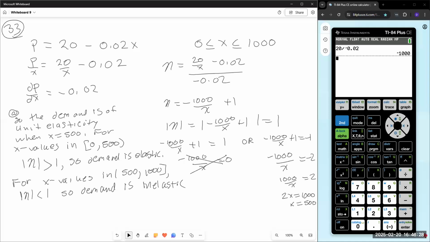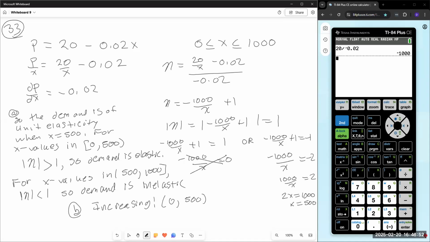And then part B asks me to use the results from part A to describe the behavior of the revenue function. So we should be increasing on the interval of 0 to 500.